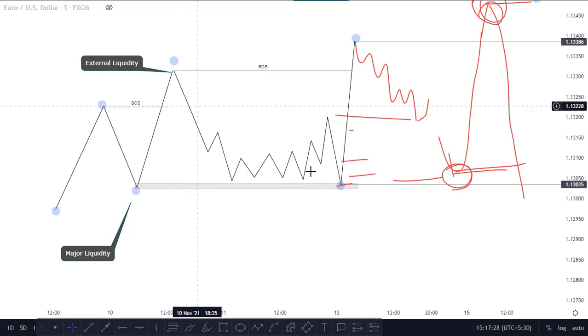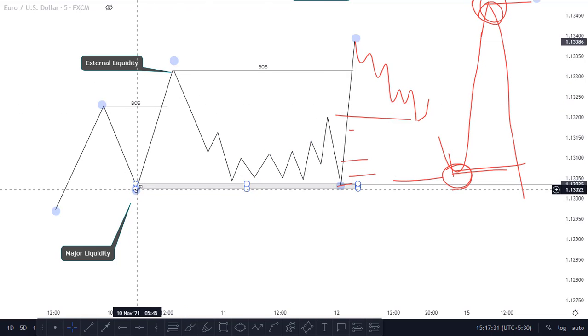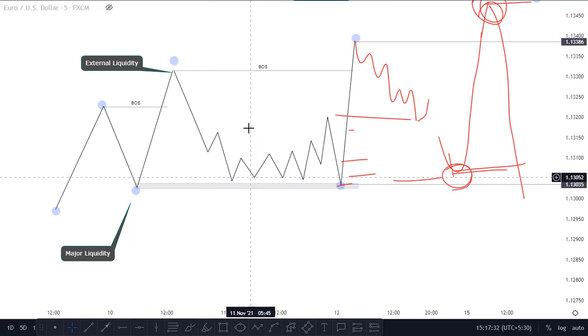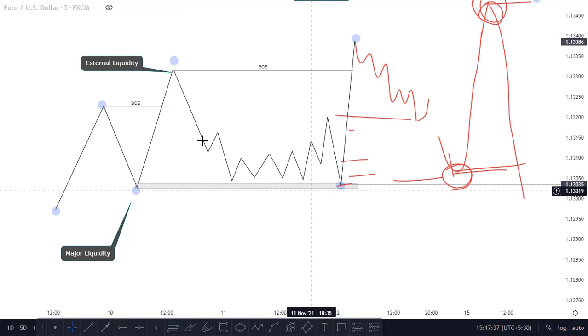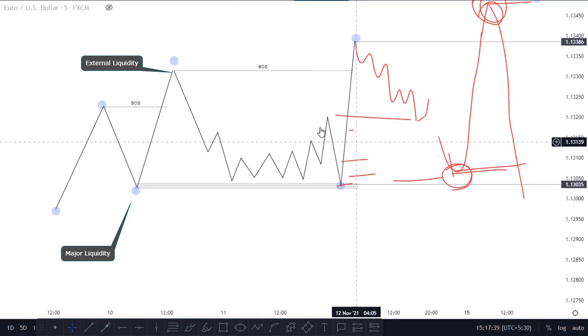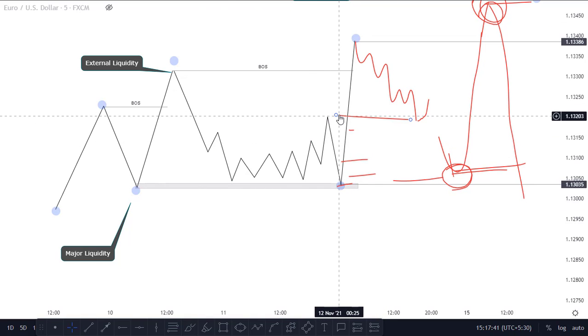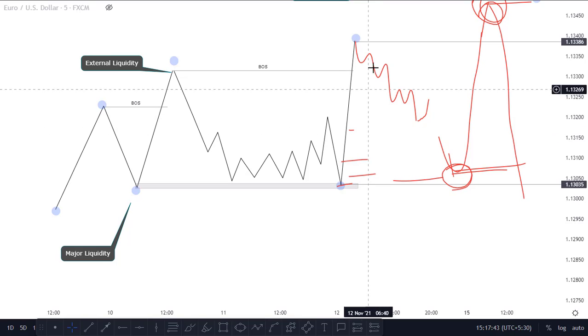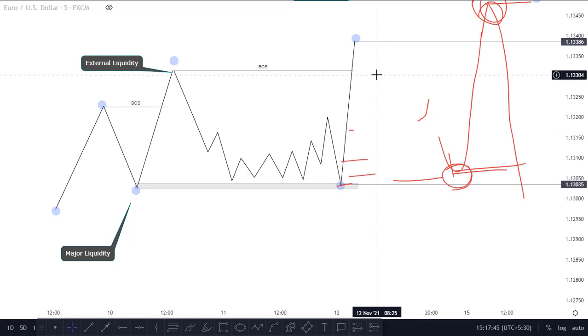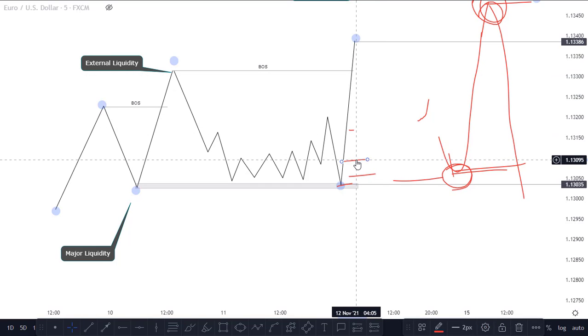We expect this pullback will not break the major liquidity. Instead, we'll have a kind of reversal, for example Wyckoff forming on this level, before we go higher to take out external liquidity.